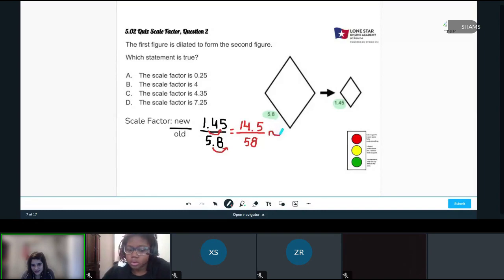I'm going to estimate. This is the symbol for estimating. 14.5 I will estimate to be 15. So I can make the math easier for myself. How do I know estimation will work? Answer choices are quite far apart, right? Estimation will be helpful. And 58 can be rounded to 60.